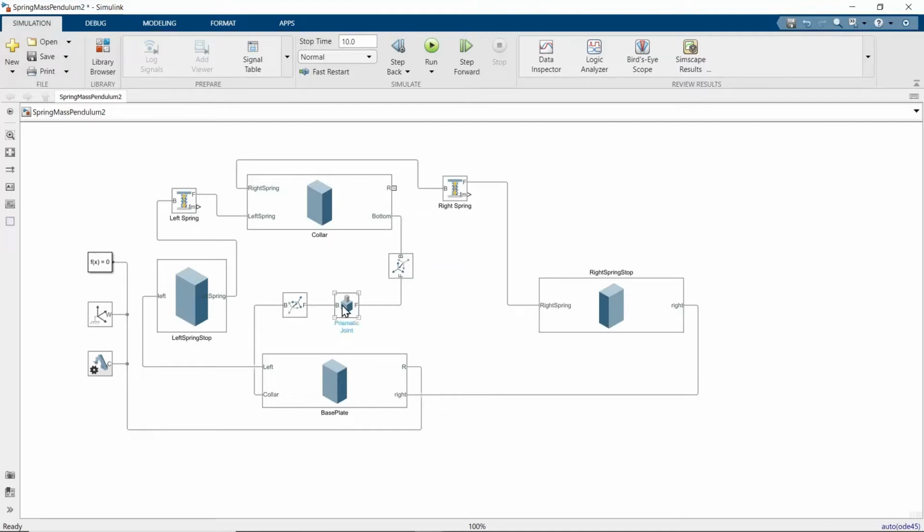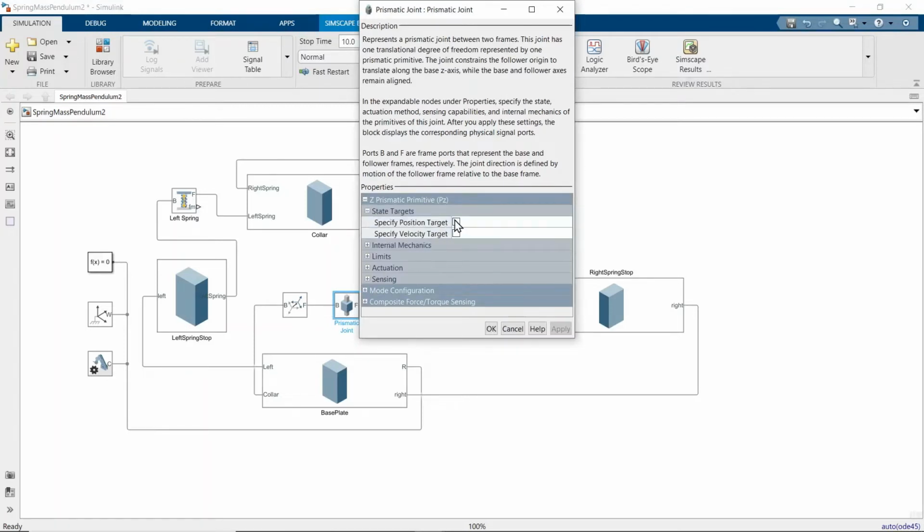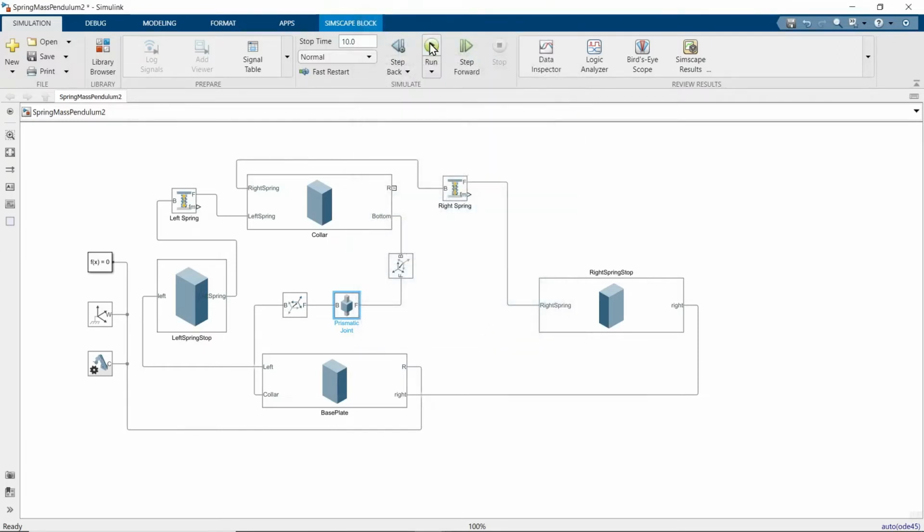And I think I forgot to mention that we can also use this joint to translate our collar. So let's say we want to translate it 0.25 in the x direction. So now with the spring force, it should go back and forth.